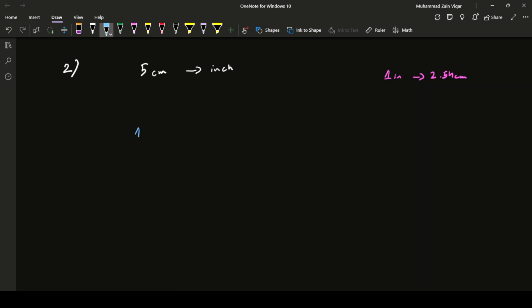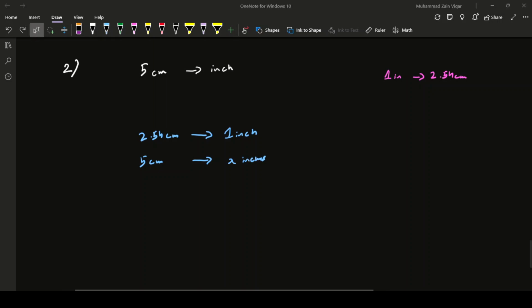If I say 2.54 centimeters are equal to 1 inch, if this is the case, then 5 centimeters would be equal to x inches. So this is the conversion I make, and now I could just simply cross multiply them to obtain my answer.